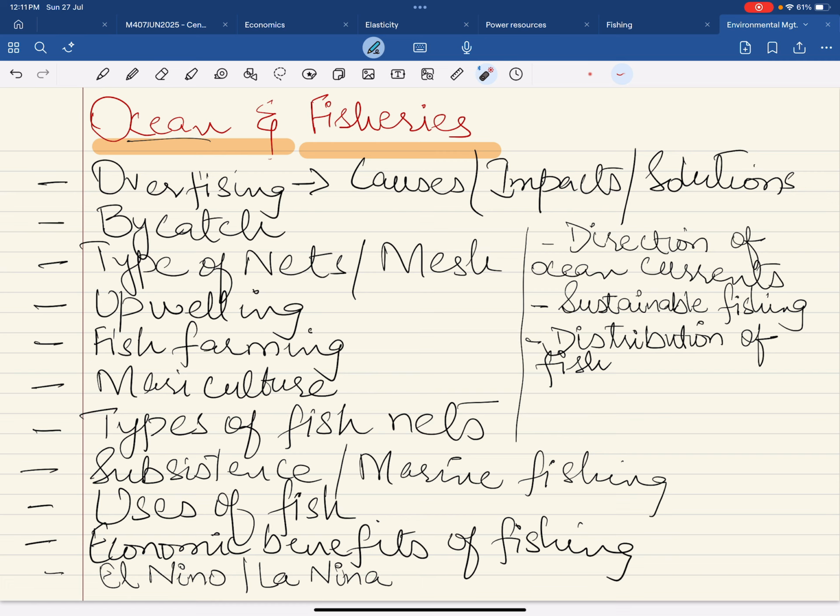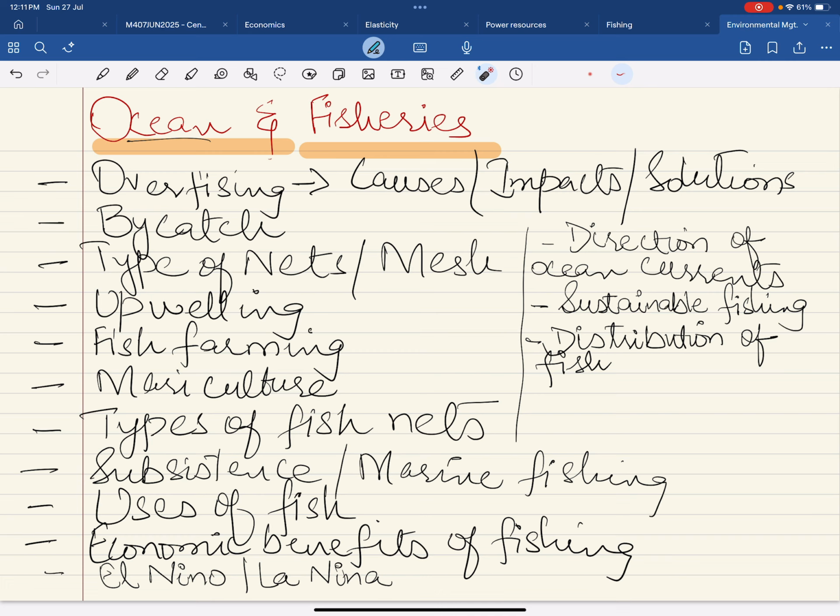Subsistence fishing, marine fishing, uses of fish, economic benefits of fishing, El Nino, La Nina, direction of ocean currents, sustainable fishing, distribution of fish, etc. All of these are going to be discussed in the chapter Ocean and Fisheries.